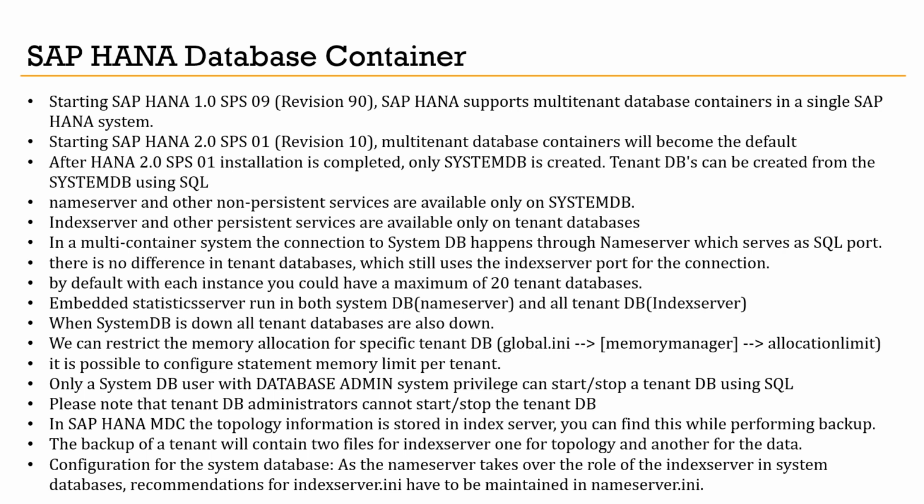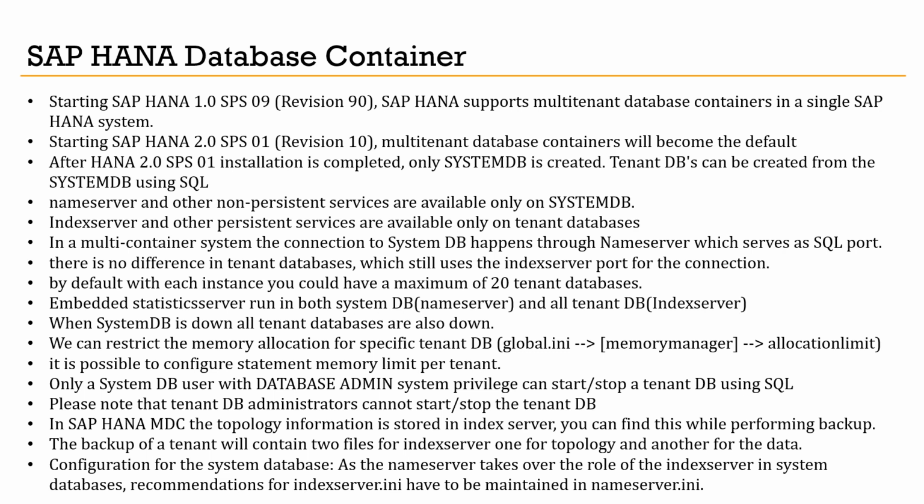Starting from HANA 2.0 SP01, the multi-database container became the default. From SP01 it became the default installation, but HANA 2.0 SP00 was acting like HANA 1.0. After SAP released SP01, they kept multi-container as the default installation.